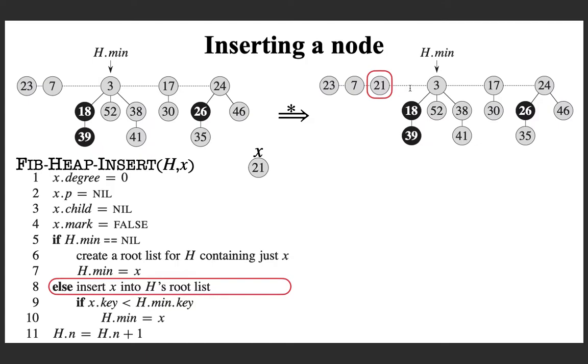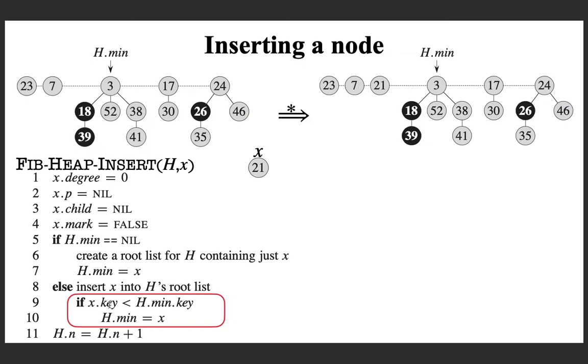There may be a case in which you insert a node with key value 1. In that case, that node should become the min node of the heap, and that is what we are doing next. Suppose the newly inserted node contains a key value which is less than the present minimum of the heap, then you should definitely set the min pointing to the new node, because the new node has the least key value among all the nodes in the resulting heap.